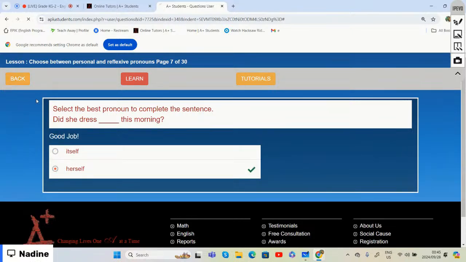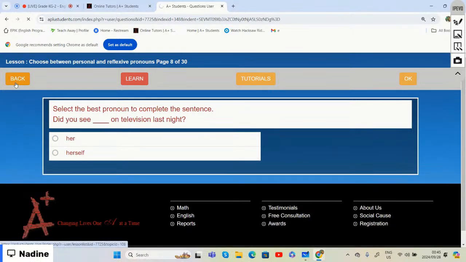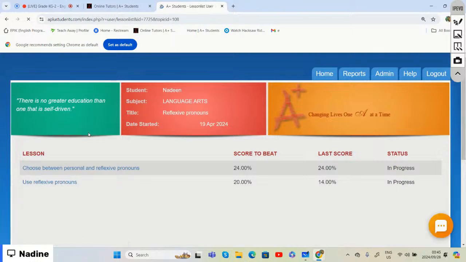All right. So this is now the end of our lesson on reflexive pronouns. Reflexive pronouns end in self or selves. A reflexive pronoun needs to refer back to the subject. We have singular subjects and we have plural subjects when it comes to reflexive pronouns.